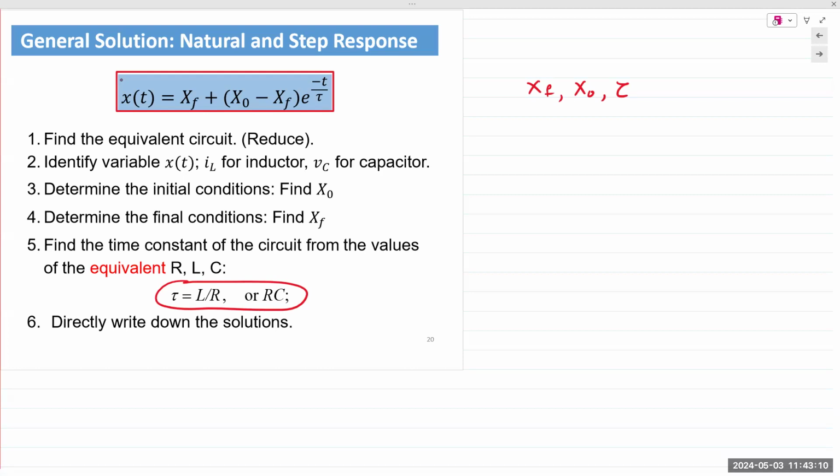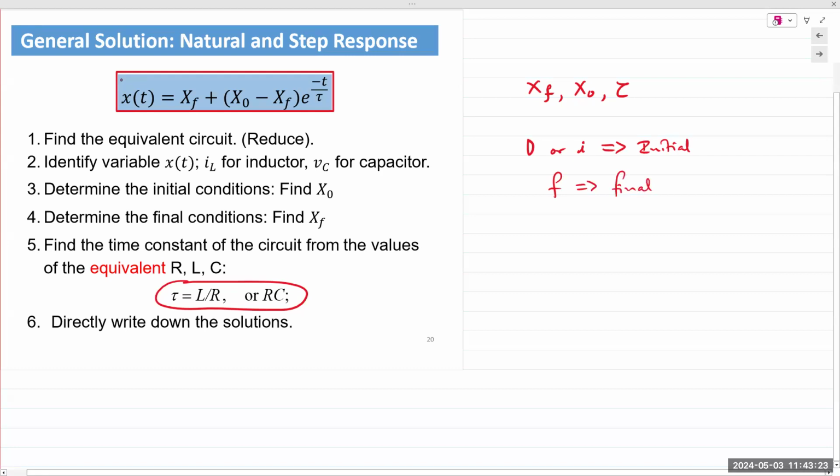0 or I signifies the initial value. F is the final value. Here's the thing.